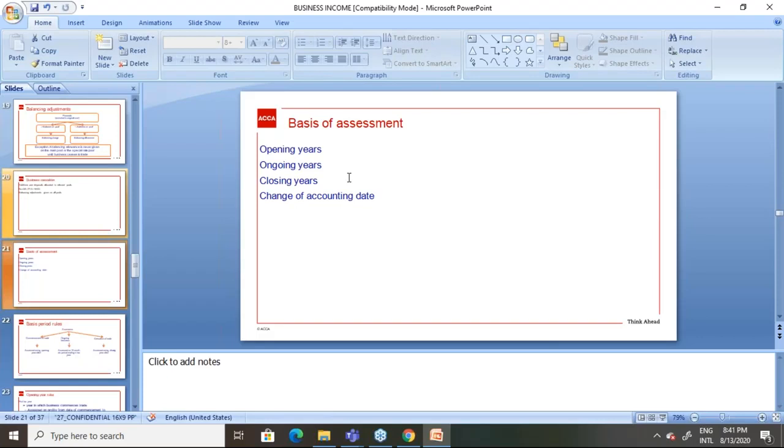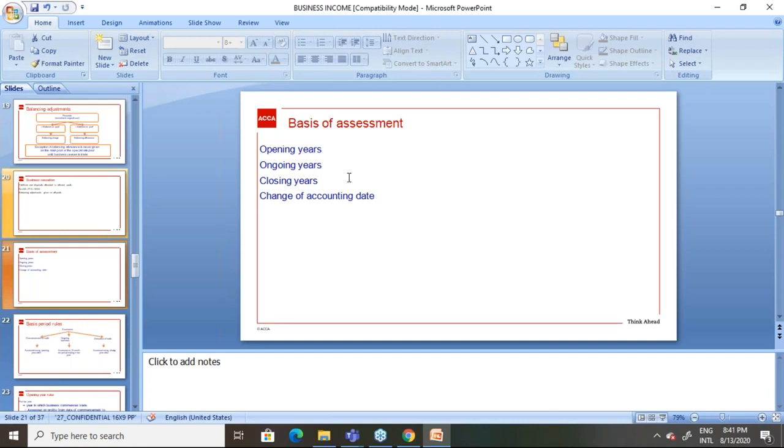But for you to understand the applicability of loss reliefs, there is a prerequisite, that is, you must familiarize yourself with the basis of assessment rules. Without knowing the basis of assessment rules, you will find it difficult to apply the trading loss reliefs available to a business.